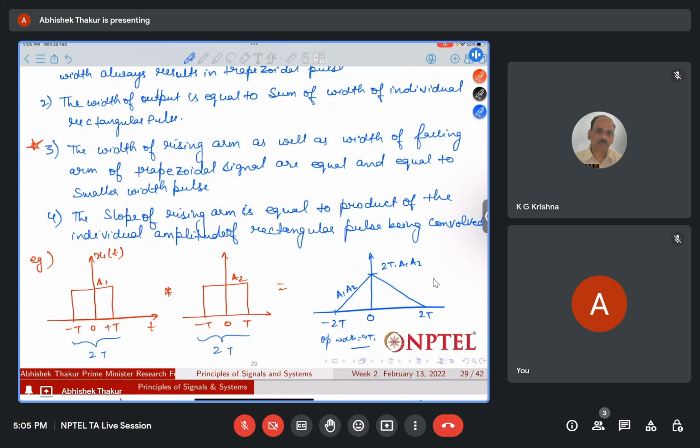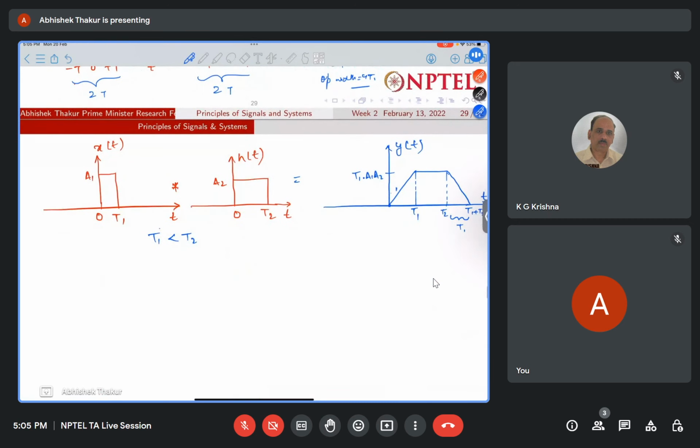And the width of the rising arm as well as the falling arm of a trapezoidal signal is equal to the width of the smaller width pulse. Let's suppose in the next example, the input width of pulse 1 is T1 and the input width of pulse 2 is T2.